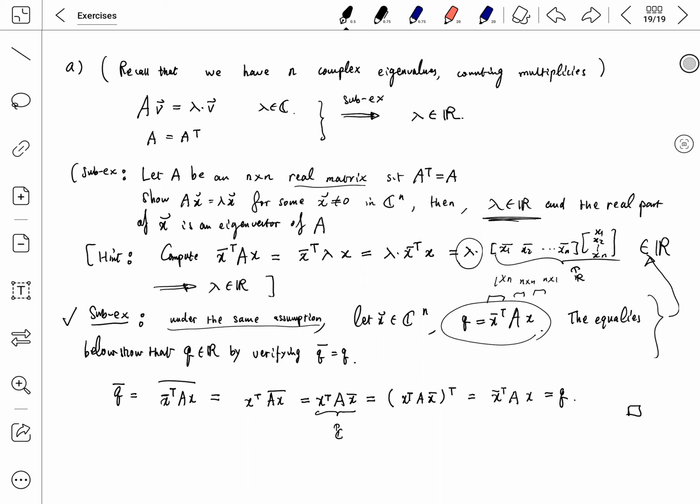We used the fact it is real and symmetric to prove this. This is just lambda times a real number. So lambda is a real number if and only if this is a real number, and this is the case by this exercise telling you that it is a real number.